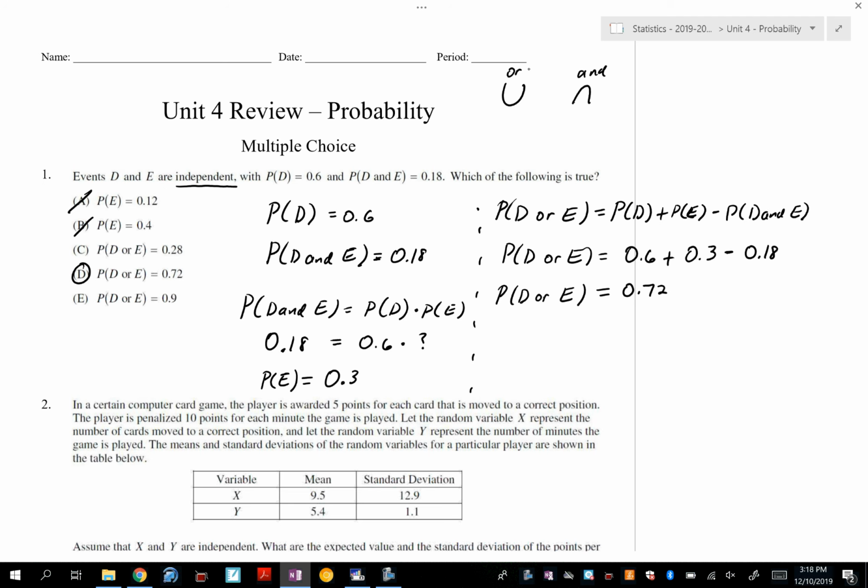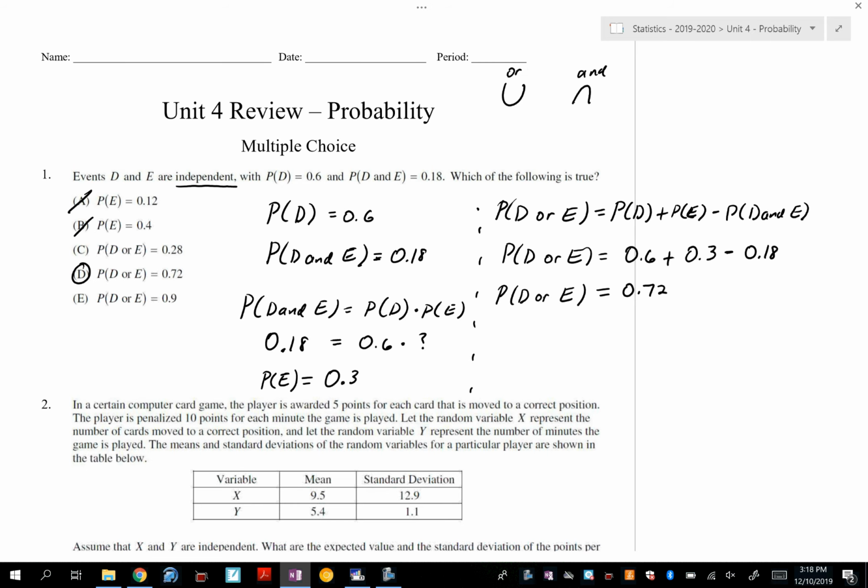If this had been 0.3, I'm done. They could have had the first answer say 0.3. I'd be like, great, I did it. But because none of those are right, then I went to the next one, which is the only other option here with D and E by itself, and is or. That's the only other one we can find. Okay.